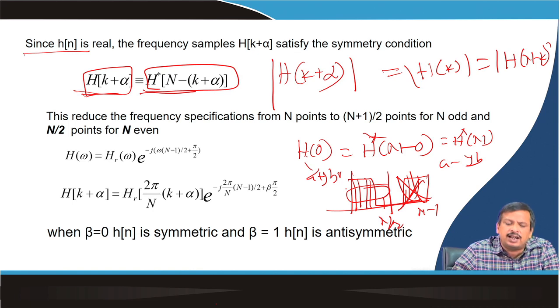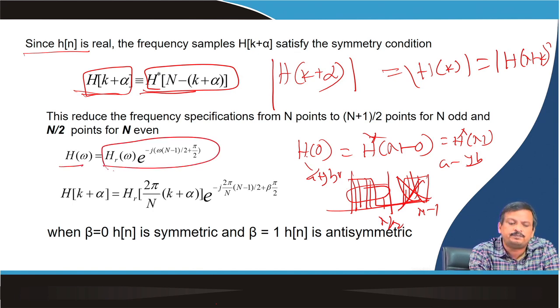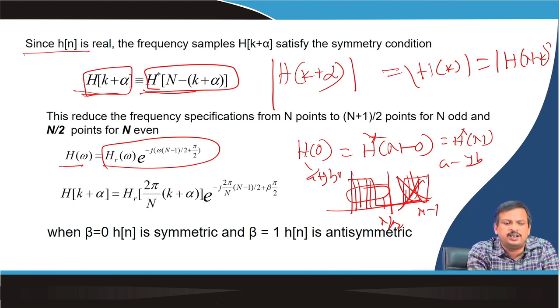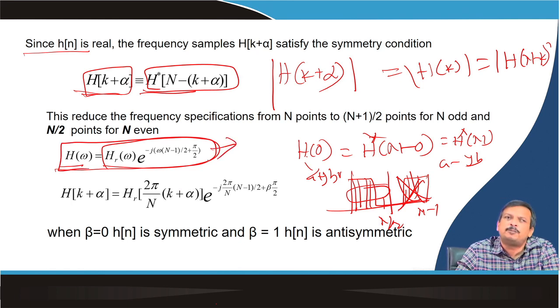Okay. So, how do I calculate the maths? If you see H(omega) is equal to this one, we have already discussed the symmetry and anti-symmetry property of the filter, and we derived the linear phase condition. Using the linear phase condition, this is the generalized equation of the frequency response of the filter.